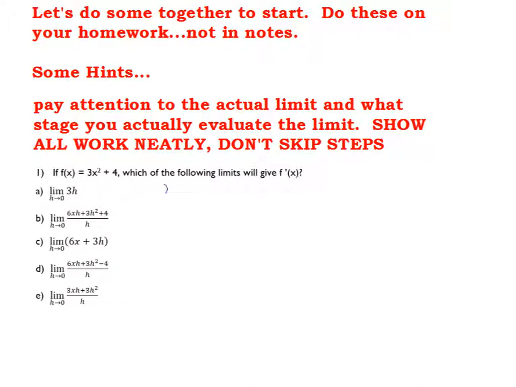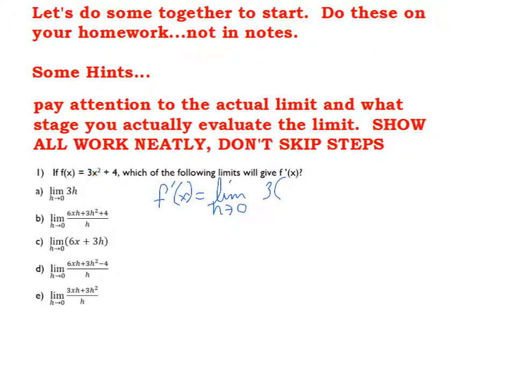You start off and you write the derivative is equal to, and it's going to be a limit, so I expect to see that limit written there. And then we do f of x plus h. That's going to be a 3 times, and what I'm doing is I'm putting x plus h in for x right here.